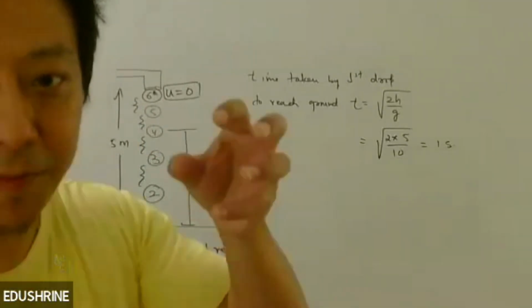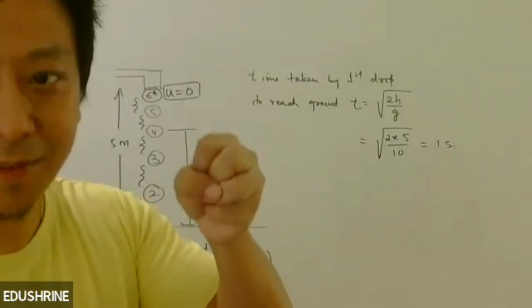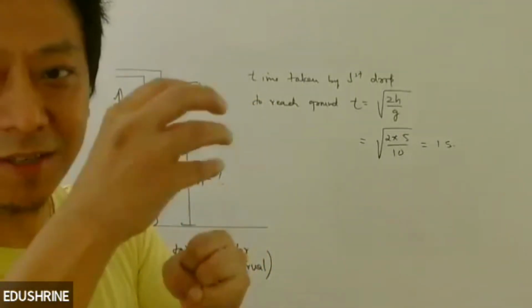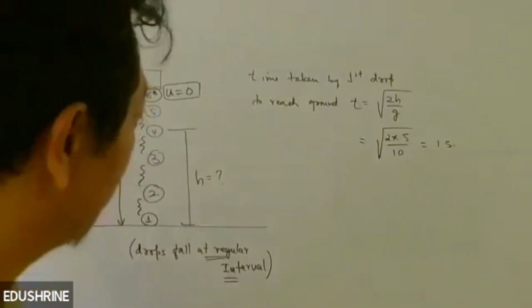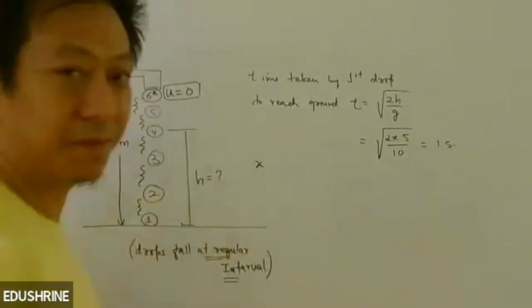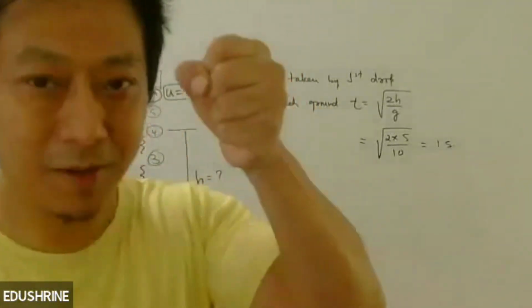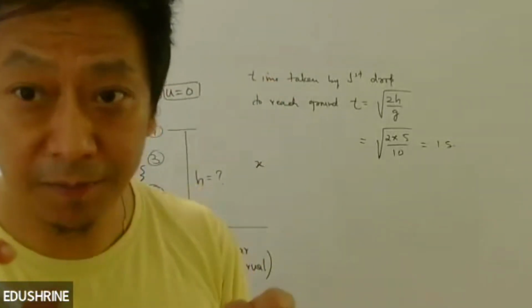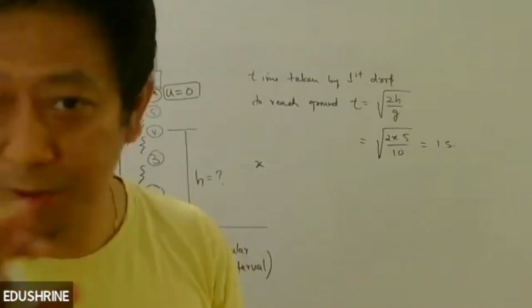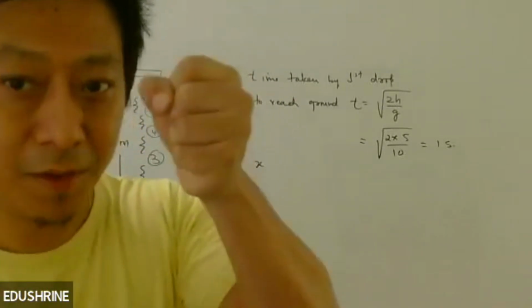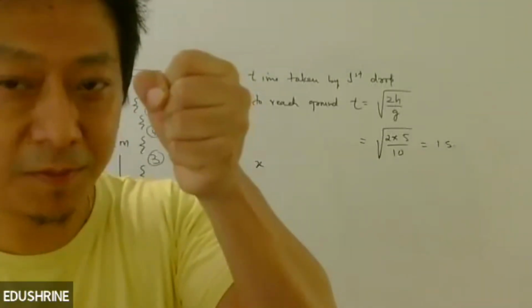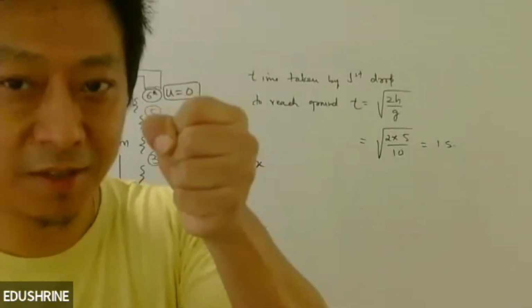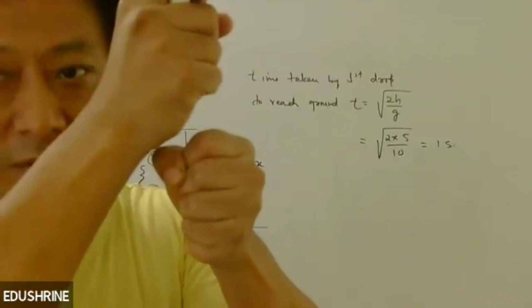Look here. The first drop starts. Then the second drop starts. Let's say the time interval is X seconds. Keep count, all of you. Stop writing. Think. The first drop starts at T0, and after X seconds the second drop starts.